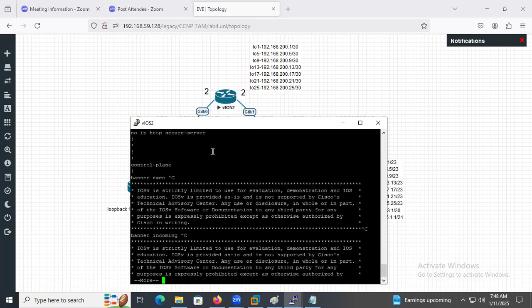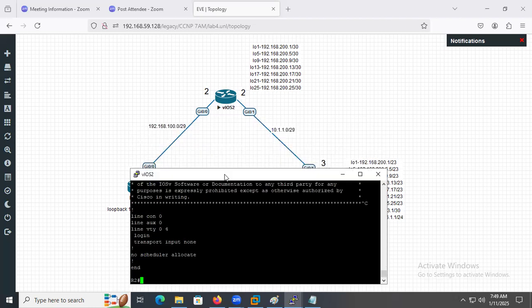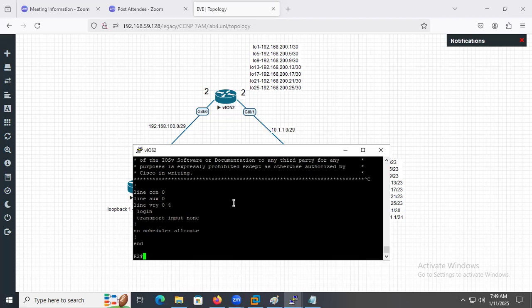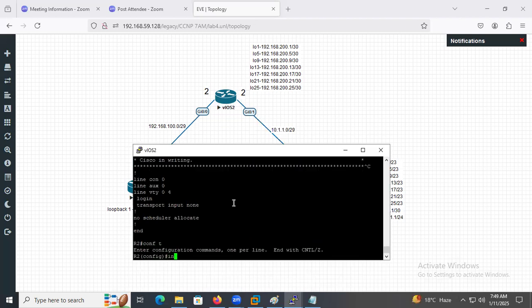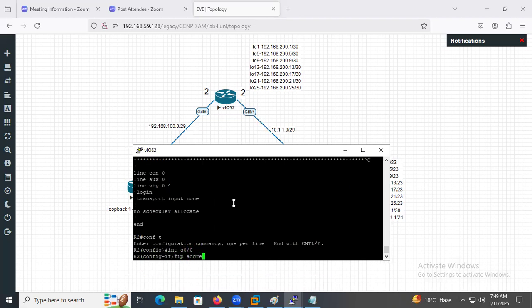So I need to configure these gigabit interfaces. Interface gigabit 0/0, IP address is 192.168.100.2, 255.255.255.248.